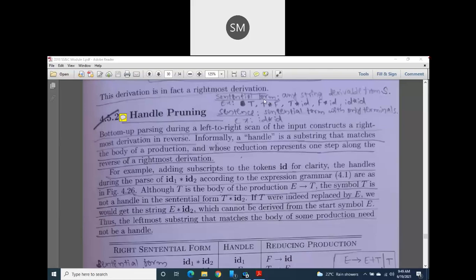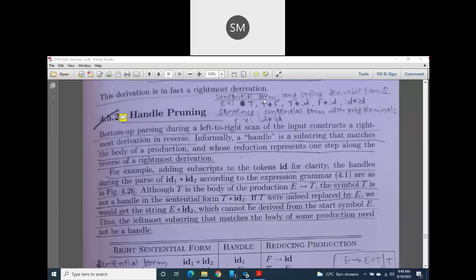Sentential form is nothing but, in your production, you know, LHS is there, RHS is there, LHS is there, RHS is there, right? In your production, every RHS is considered as a sentential form, okay? Except the non-terminal which is a start symbol. If that start symbol is appearing in the RHS side also, then that RHS is not called a sentential form.